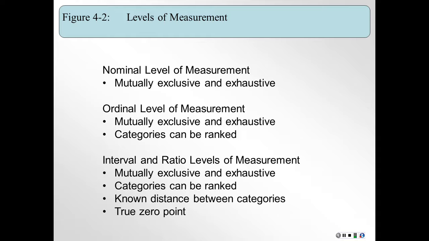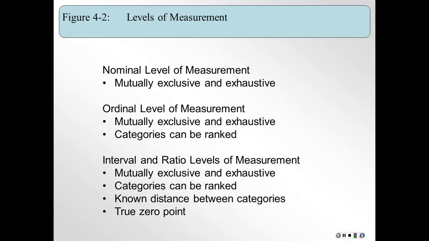What do I mean by mathematical properties? Think for a moment about a concept such as sex. A person's sex has two categories, typically when we're dealing with it, male and female. That's a pretty easy one to measure. Think about the two categories, male and female.